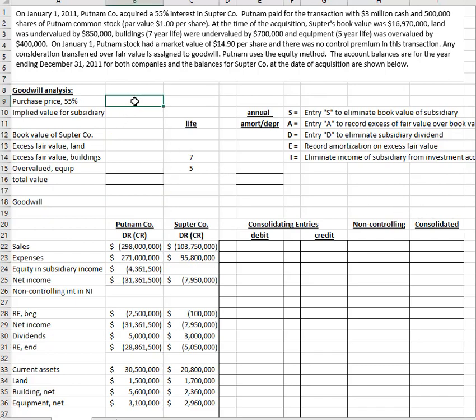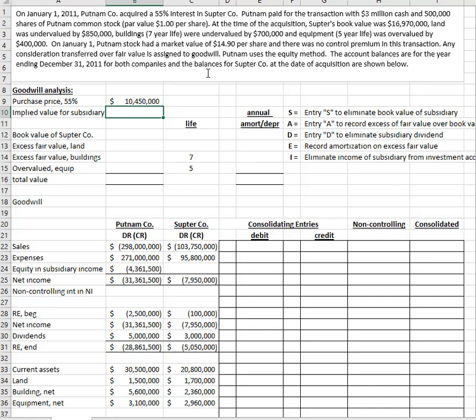All right, so the purchase price. What was the purchase price for the 55%? So it would have been the cash paid, $3 million, plus the shares, 500,000, times the market value of the shares, which they say was $14.90. All right, so that's what was paid for 55%.